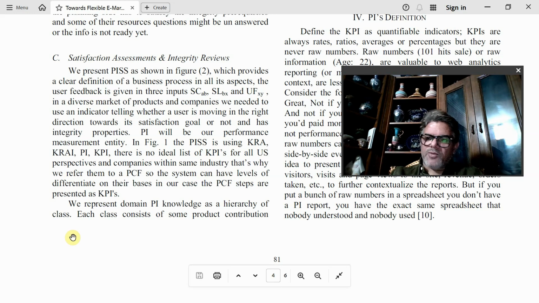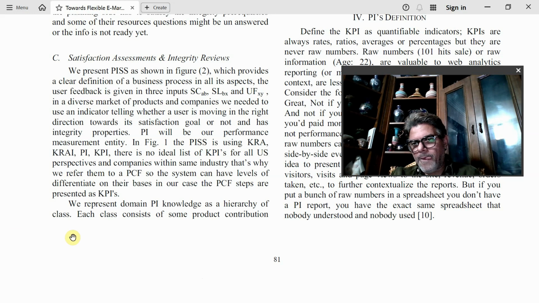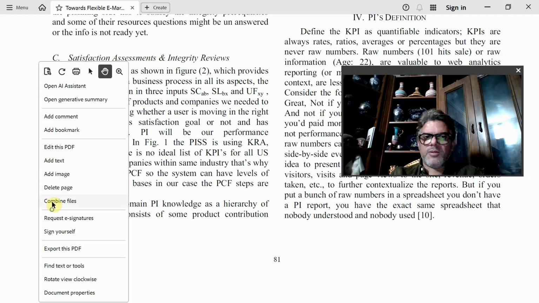I wanted to write a paper about is COVID-19 intelligent? We represent domain performance indicator knowledge as a hierarchy of classes. Each class consists of some product's contribution.